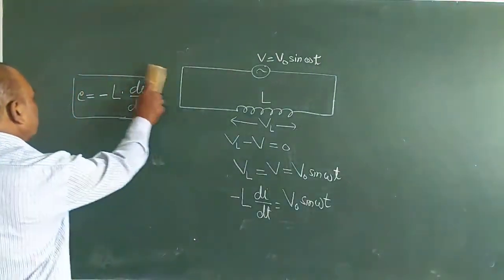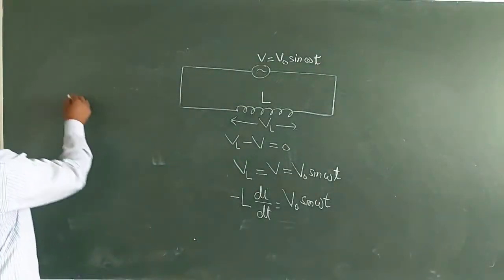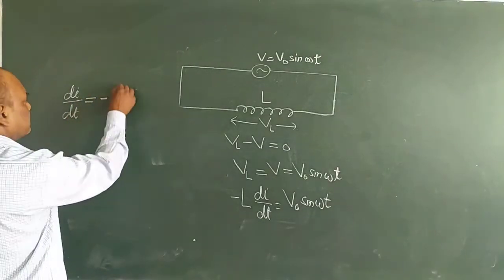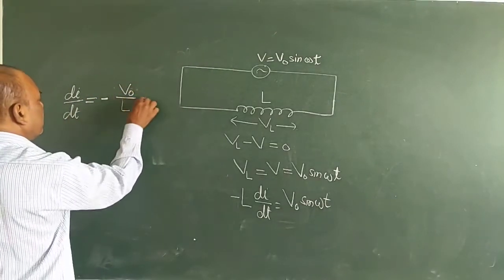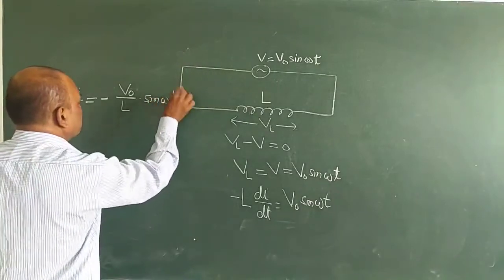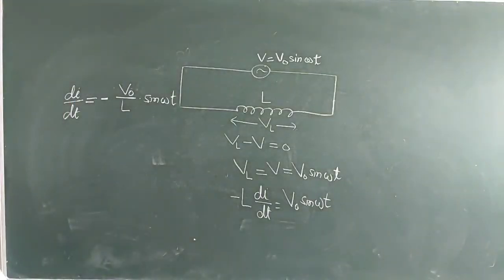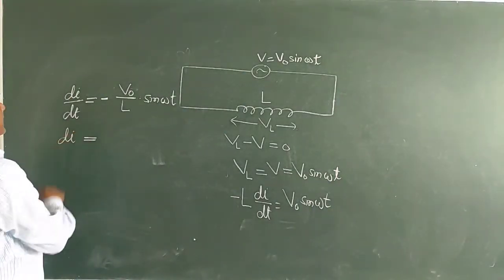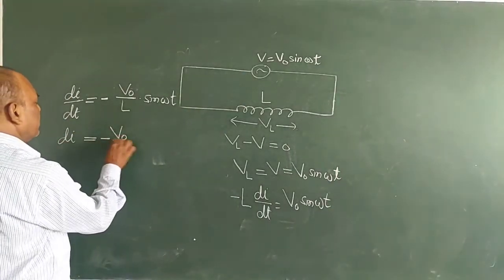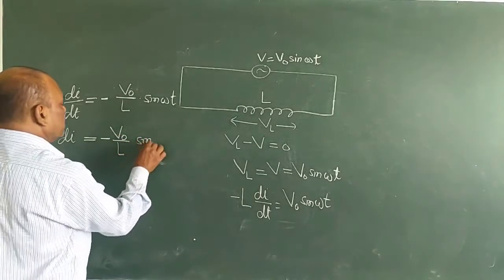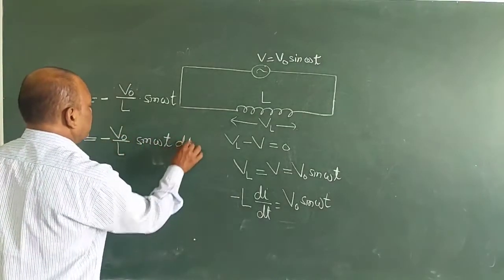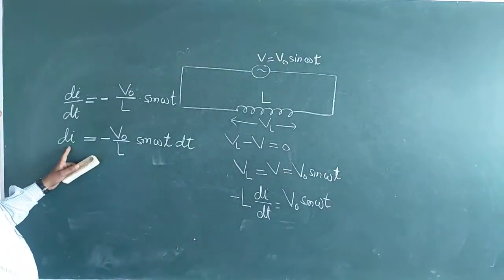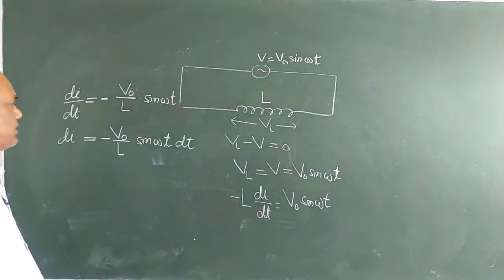From this, di by dt is equal to minus V0 by L into sin omega t. Therefore, di is equal to minus V0 by L sin omega t into dt. This is the variation of current in the case of an inductor.